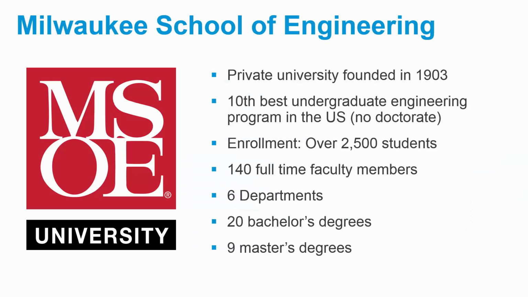Let me talk a little bit about MSOE. MSOE is a private university founded in 1903. According to US News and World Report, MSOE is the 10th best undergraduate engineering program in the United States among the universities with no doctorate programs. MSOE has about 2,500 students, 140 full-time faculty members in 6 departments, offering 20 bachelor's and 9 master's degrees.